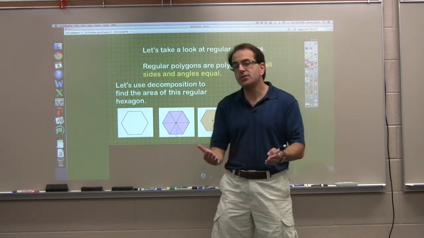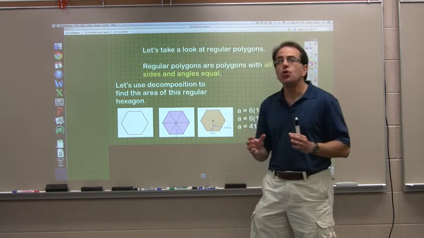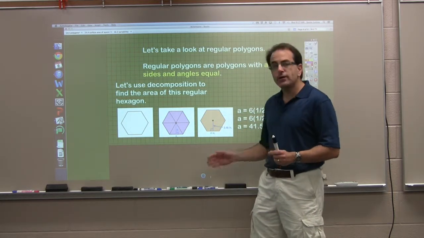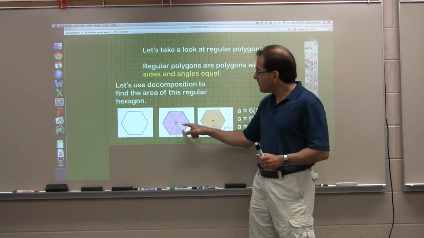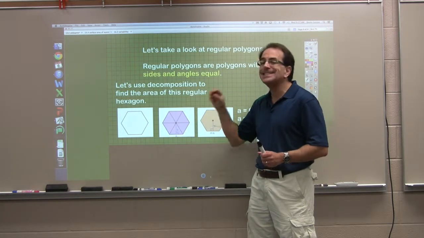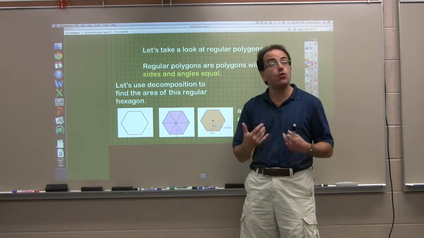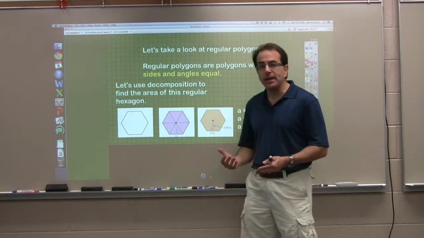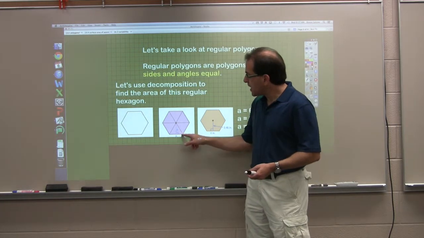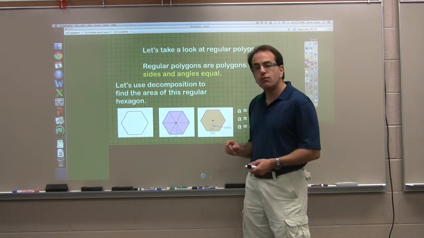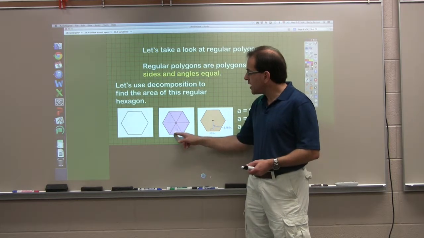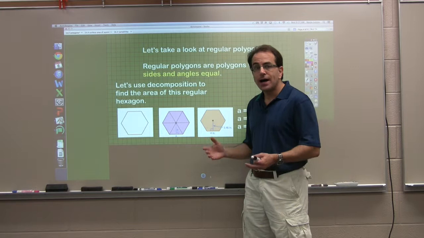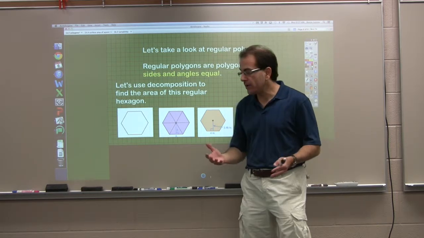What can I break this into? I can break it into congruent triangles, equal triangles. Every single one of these triangles is exactly the same size, and of course, we know how to find the area of a triangle. It's 1/2 base times height. So once I know the base and the height of one of the triangles, I know it for all of the triangles.